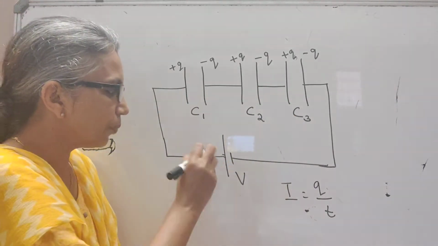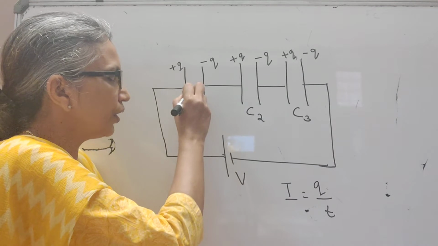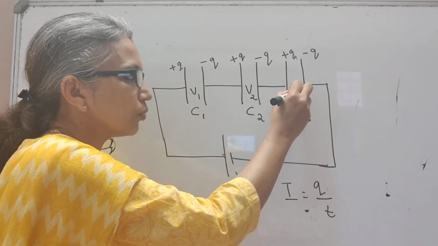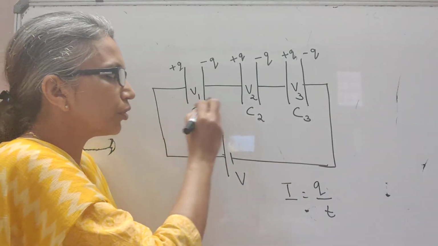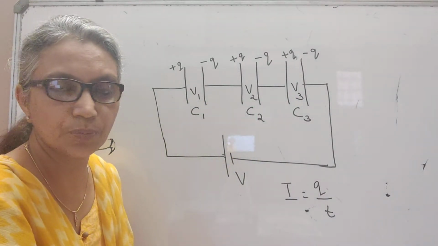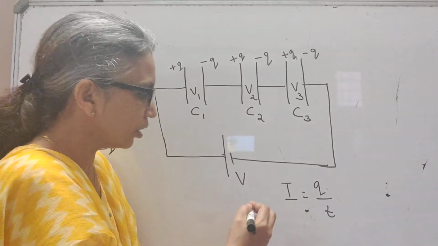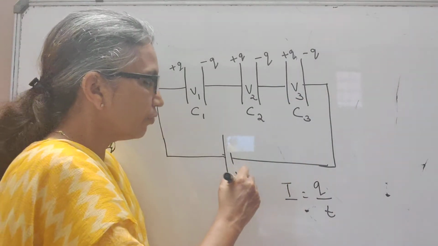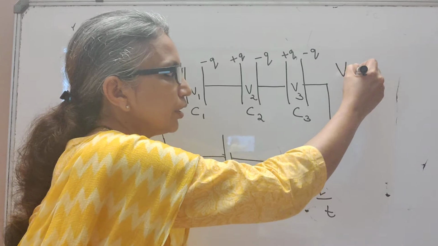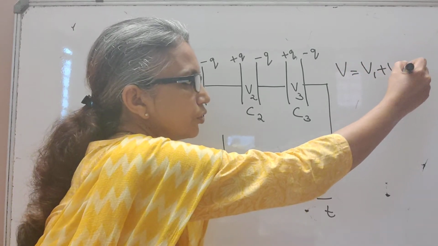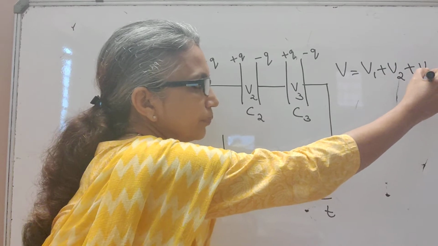But the potential difference here will be V1 and this will be V2 and this will be V3, and the potential difference V1 plus V2 plus V3 must give you the total potential V. So here when we do the derivation, we know that this total potential is the algebraic sum of V1 plus V2 plus V3.